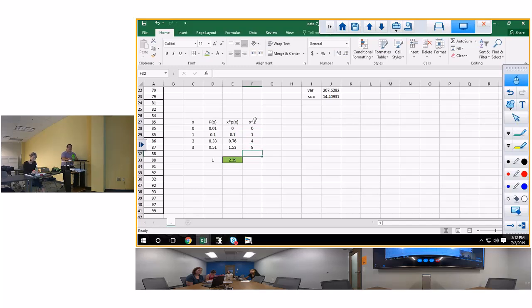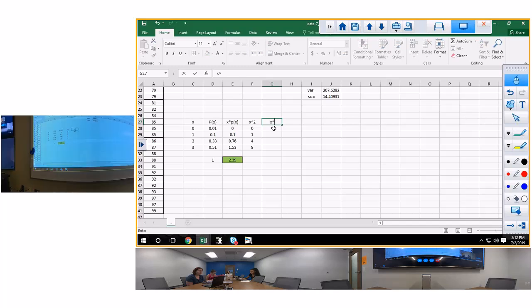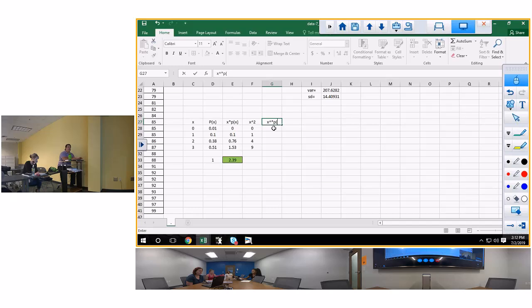I did that for y'all. You're welcome. Now what are we going to do with x squared now? X squared times what? P of x. X squared times P of x. Read the formula. That's all you got to do. So x squared, I'll do the first one for you. It's going to be 0.